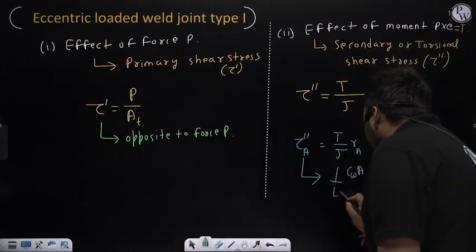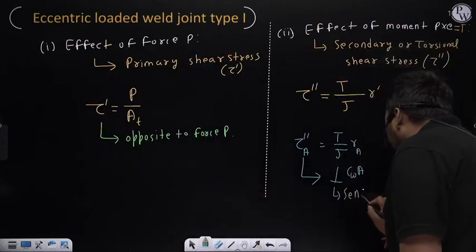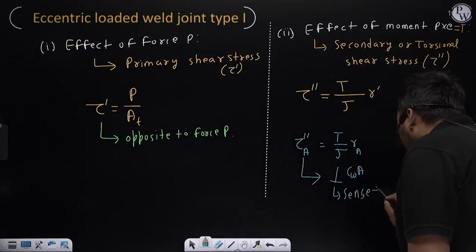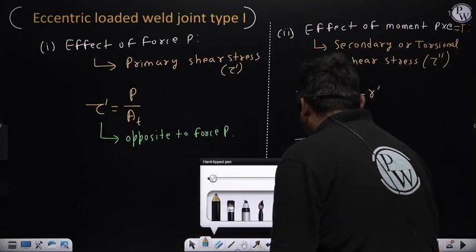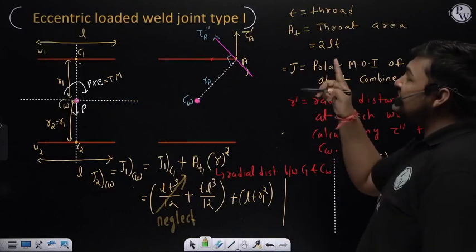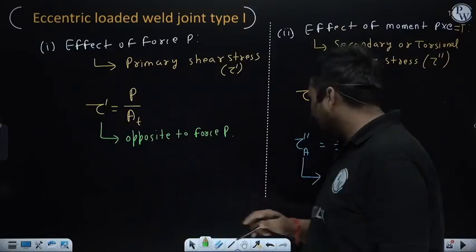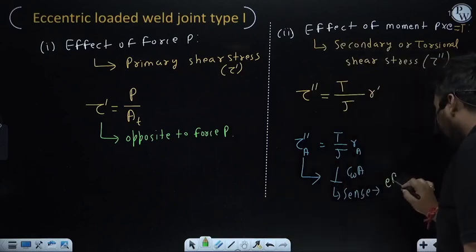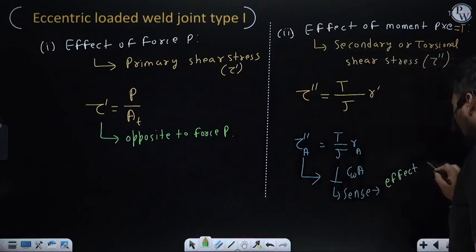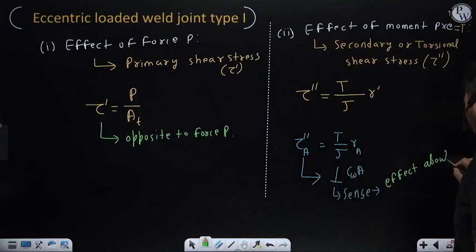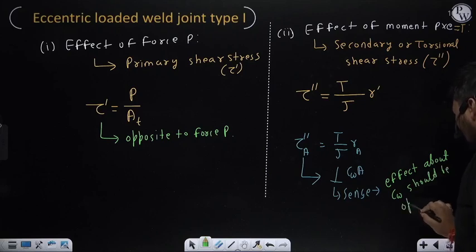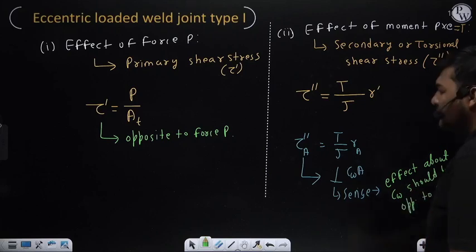To decide sense, we need to take a sense such that its effect about centroid CW should be opposite to the movement in terms of direction.